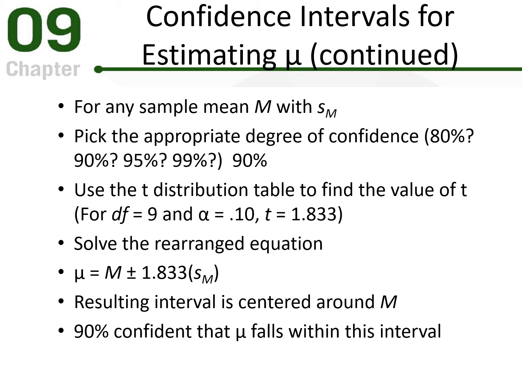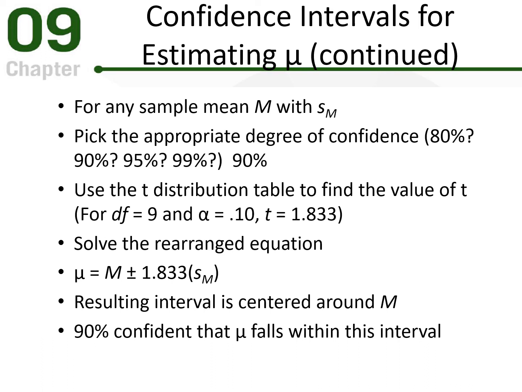So you're going to find the confidence level. You're going to use the t-table to find the value of t based on the degrees of freedom and your alpha level. And then you're going to solve the equation: mu equals the sample mean plus or minus the critical value of t that you find in the table times the standard error of the mean.